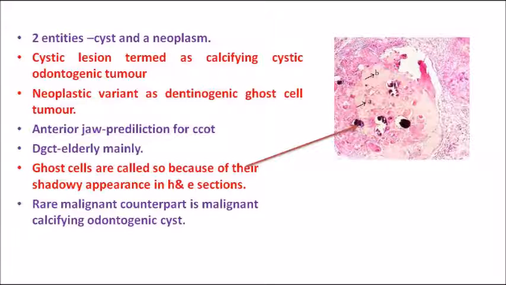These two tumors are actually modifications of the calcifying odontogenic cyst itself, based upon the majority of what it contains. If the tumor contains more of the cystic part, it is called calcifying cystic odontogenic tumor, and if it contains more of the dentinogenic part, it is called dentinogenic ghost cell tumor. Clear? An important characteristic histological feature in this tumor is ghost cells, because of the shadowy appearance seen in H&E sections.